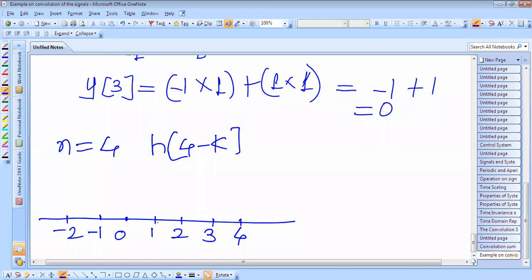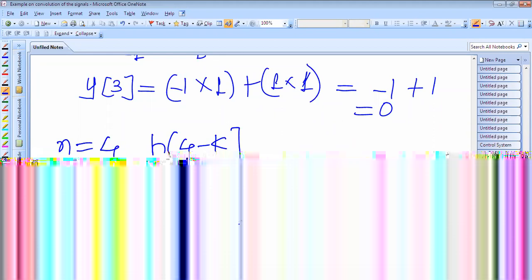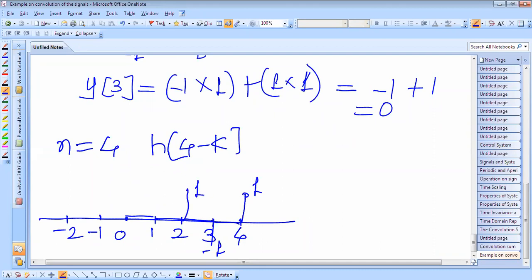So 4 units means this is 1, 2, 3, 4. Okay, the response again will be the same, only we have shifted it toward the right by 4 units. And this is the impulse response, and now this is the input x of k.